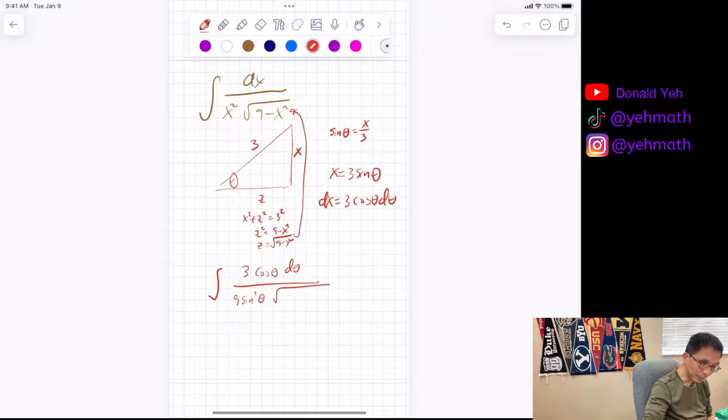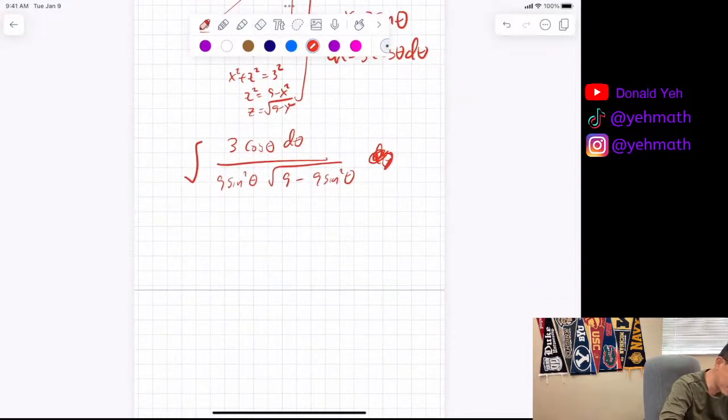Square root of 9 minus 9 sine squared theta d theta. Okay, so now I just need simplifications.